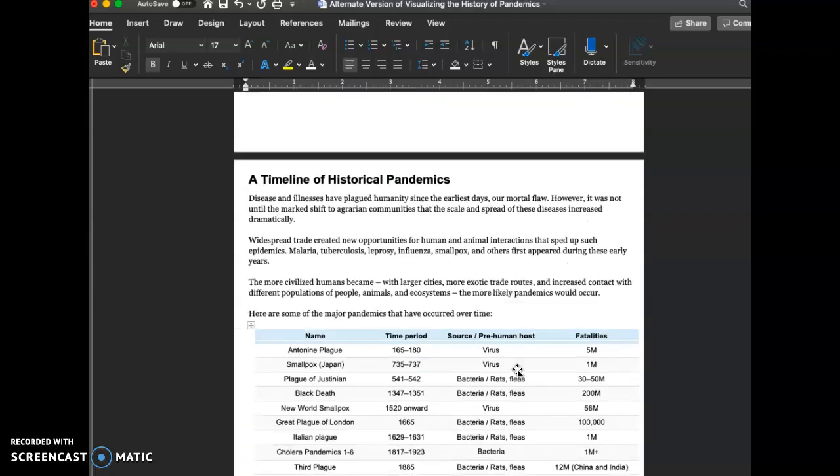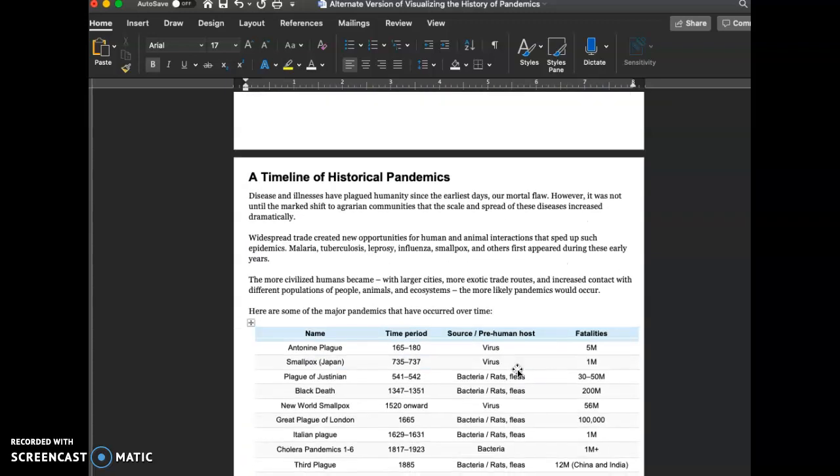Okay. A timeline of historical pandemics. Diseases and illnesses have plagued humanity since the earliest days, our mortal flaw. However, it was not until the marked shift to agrarian communities that the scale and spread of these diseases increased dramatically. Widespread trade created new opportunities for human and animal interactions that sped up such epidemics.